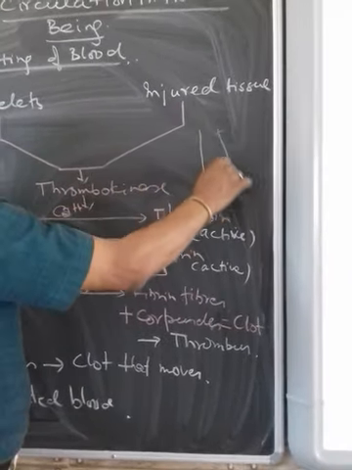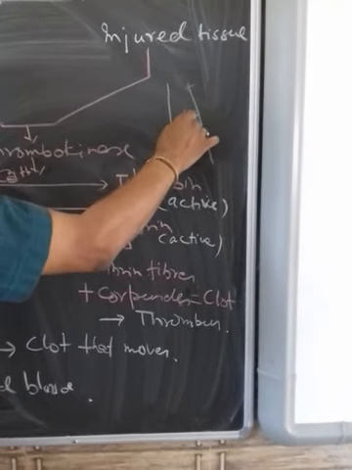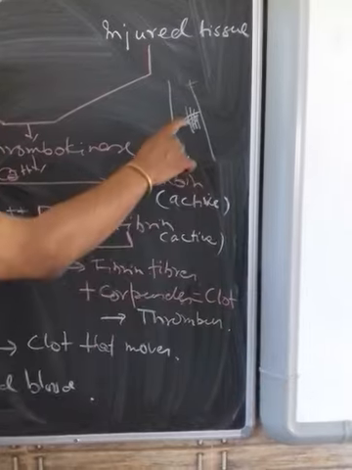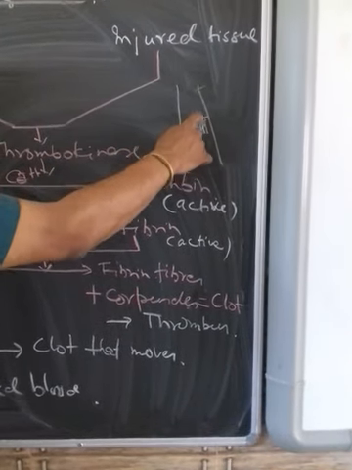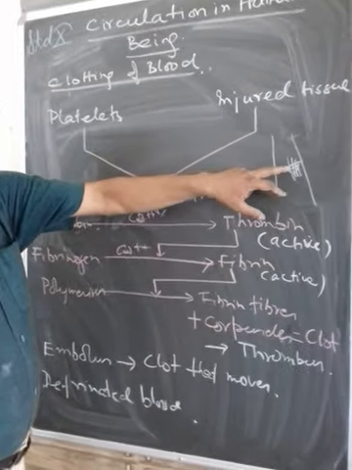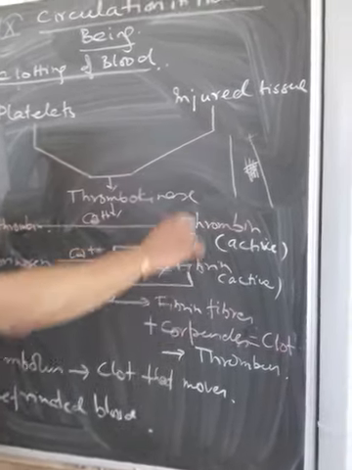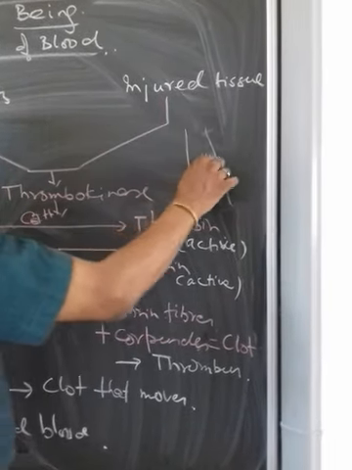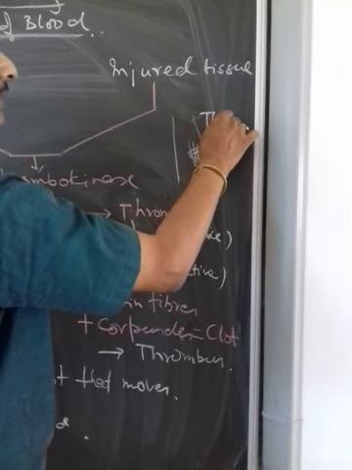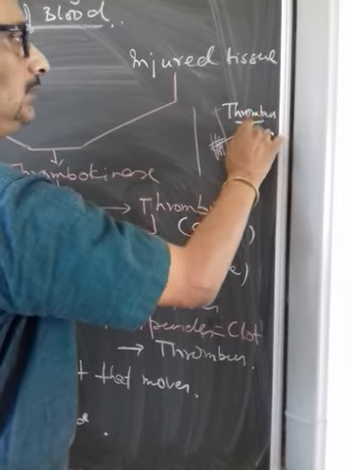Suppose this is a hand and the injury is here, they form minute thread-like structures after polymerizing, and this thread-like structure forms a network around the wound which can catch the corpuscles, and they form a structure called the thrombus, or the clot.